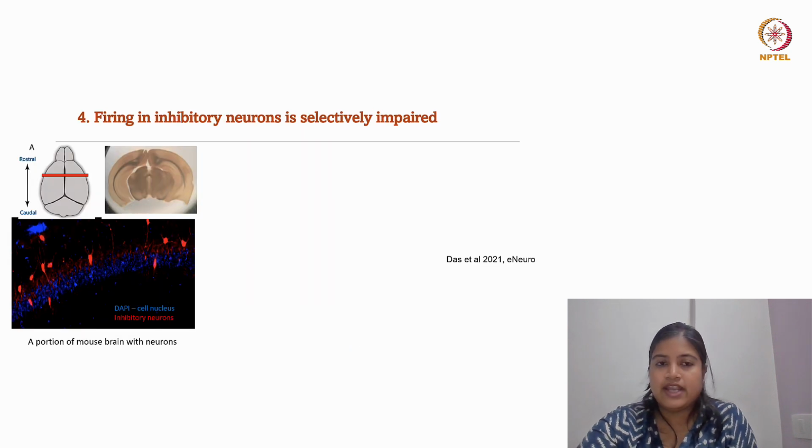Next, we wanted to look at the neuronal firing patterns in these mice. And so here we have a mouse brain, and it would be cut into coronal sections. And we looked at the hippocampus. We wanted to specifically look at certain kinds of inhibitory neurons. So we label them with certain tags, and that helped us to identify the inhibitory neurons that we were interested in.